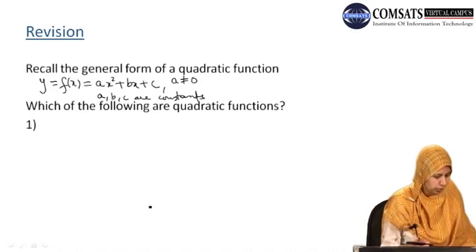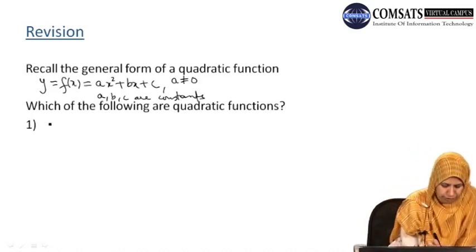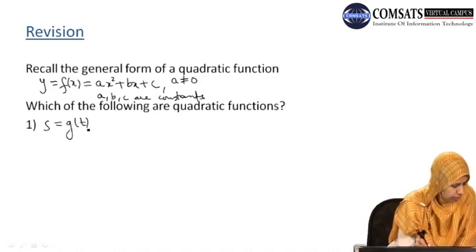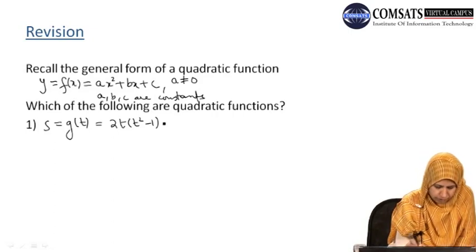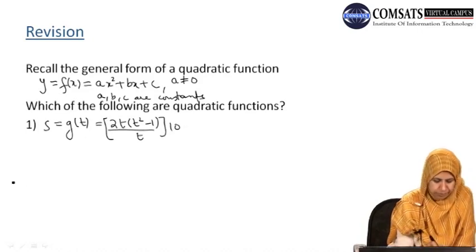First we have our function s in terms of the variable t, which is defined as 2t into t square minus 1, divided by t into 10.